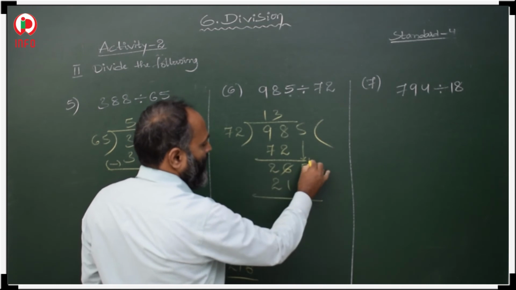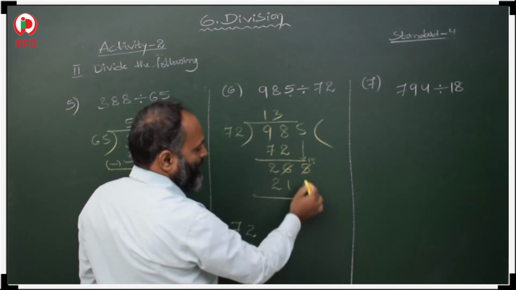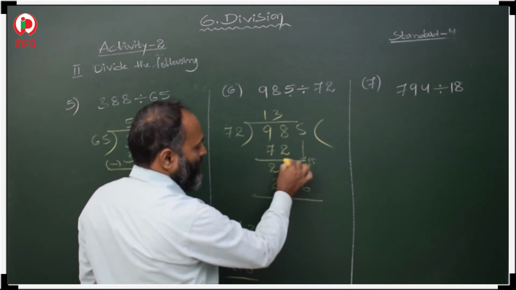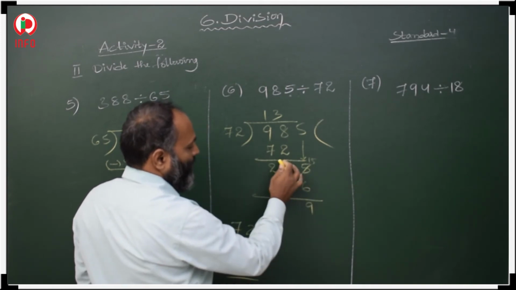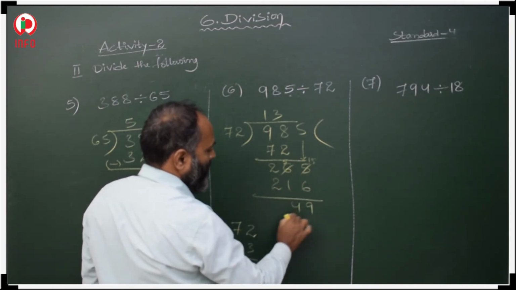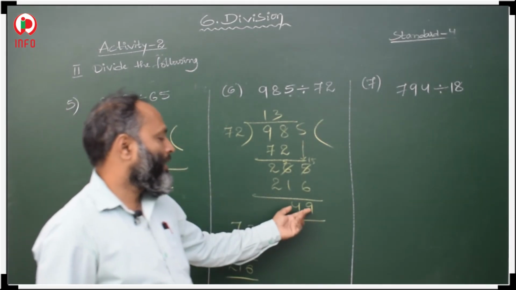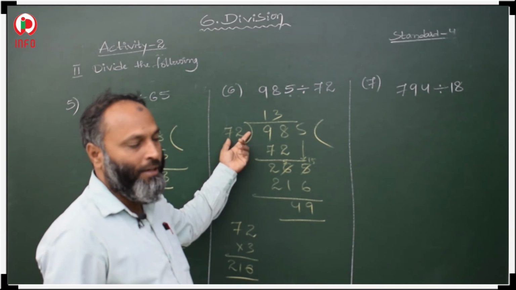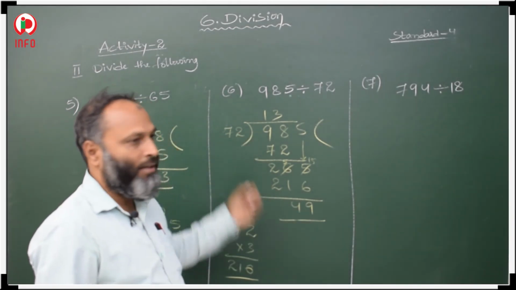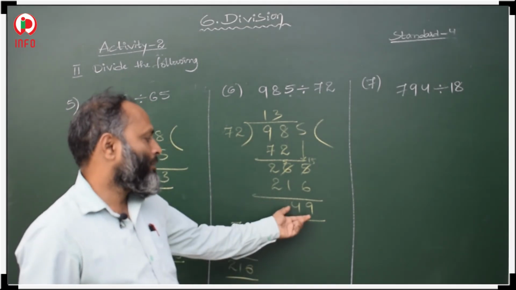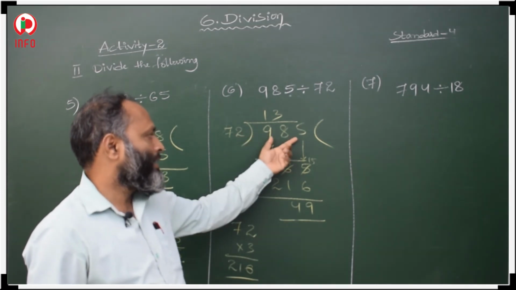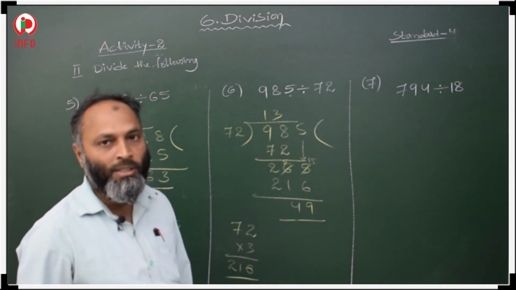Then borrow here, 15. 15 minus 6 is 9. 5 minus 1 is 4. Now compare these two. Remainder 49 and divisor 72. Remainder is less than the divisor. Okay. This is remainder, this is divisor, this is dividend, this is quotient.